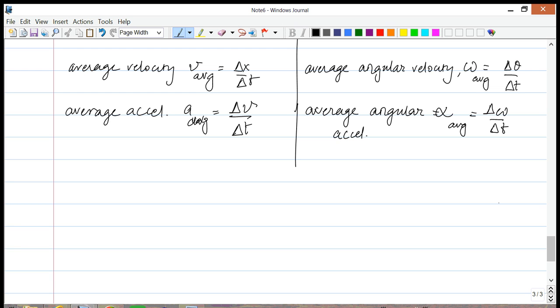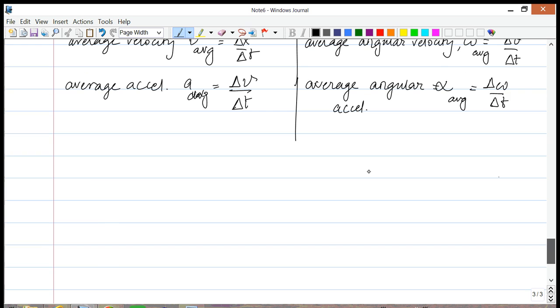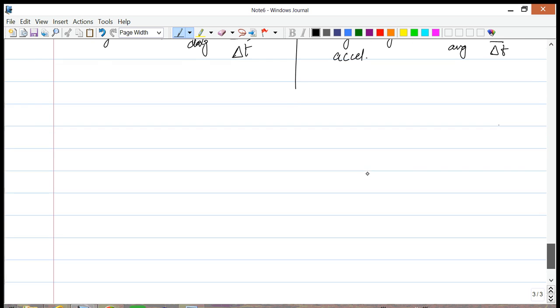Now we can, in a similar manner, define instantaneous quantities, just like we defined instantaneous velocity and acceleration. So v, the instantaneous velocity, was the limit as delta t approaches 0 of delta x over delta t. So we will have an instantaneous angular velocity defined as the limit as delta t approaches 0 of delta theta over delta t.